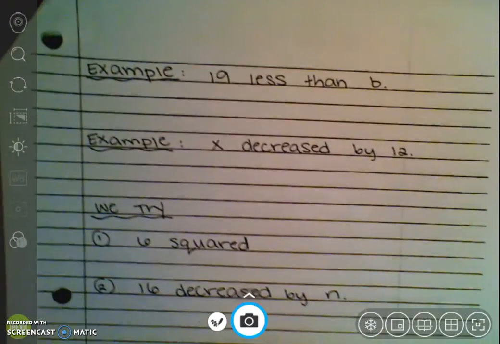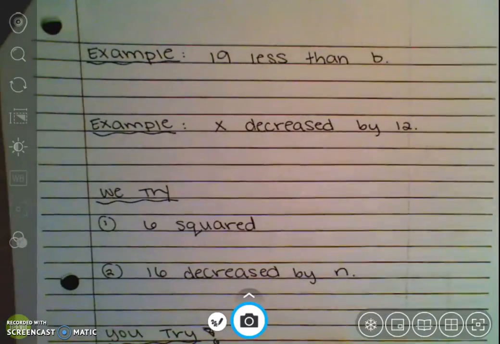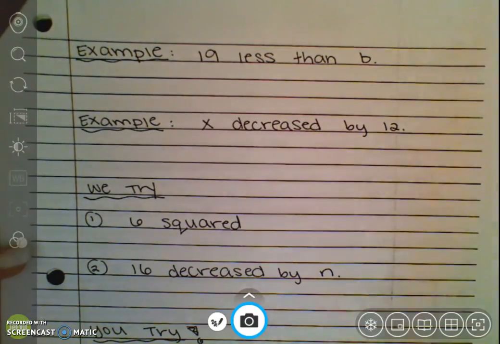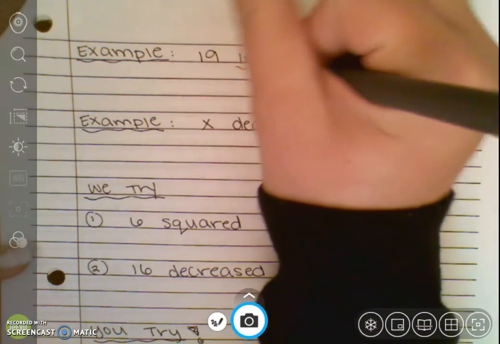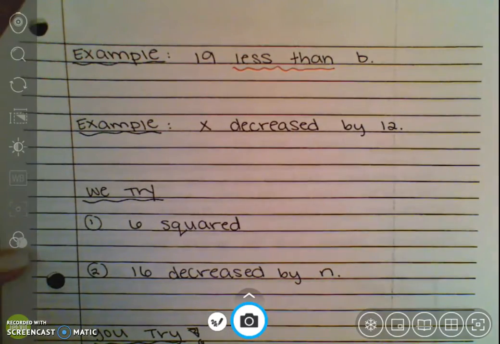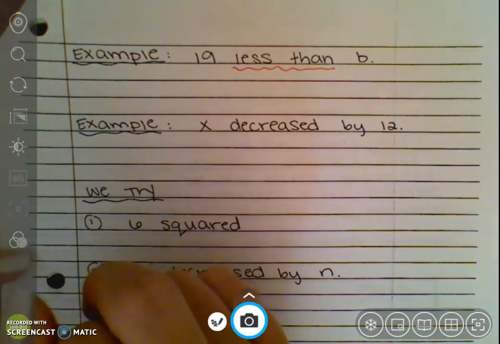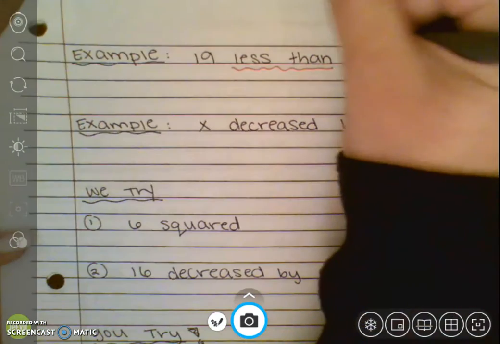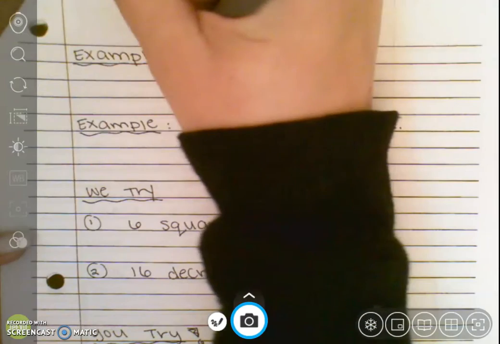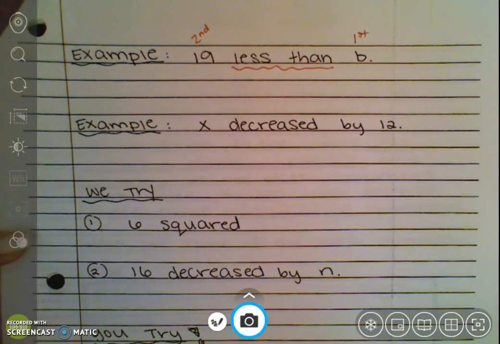So here we go. Examples. 19 less than B. Okay, so first I'm going to squiggle the words less than. Less than is a backwards word, which means this guy goes first in your equation and this guy goes second when you're writing it.